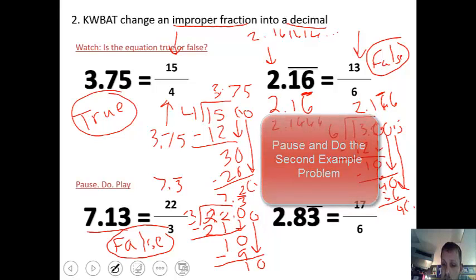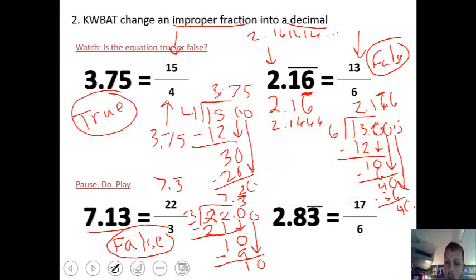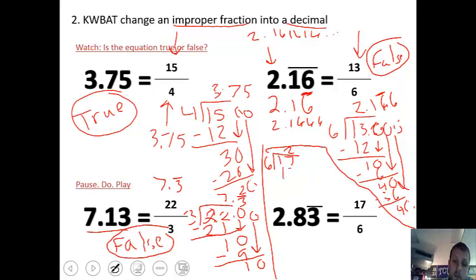Alright, 17/6. I'm running out of room, so I'm going to jump over here, create a little box for myself. 17 divided by 6 is 2. Decimal. 6 goes into 50.